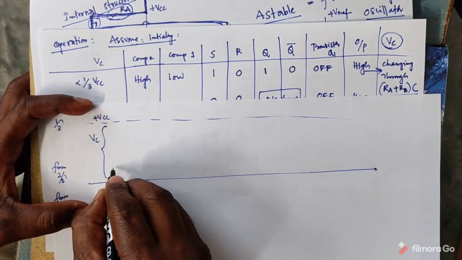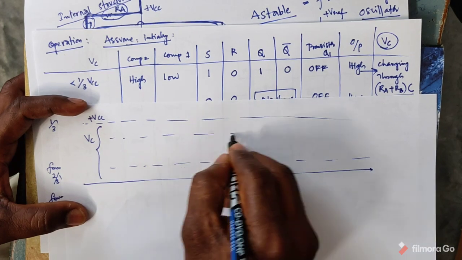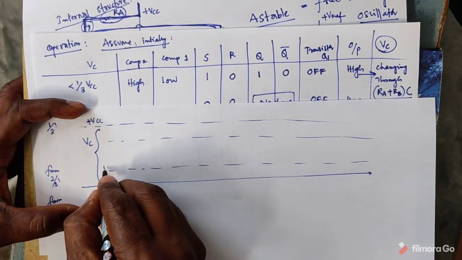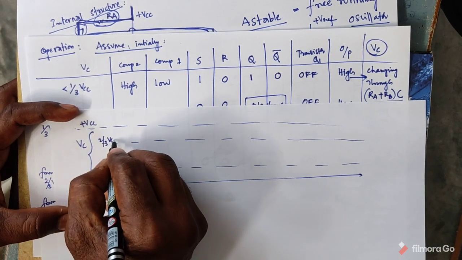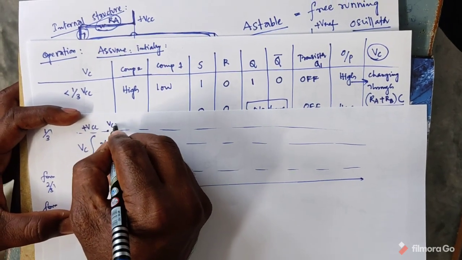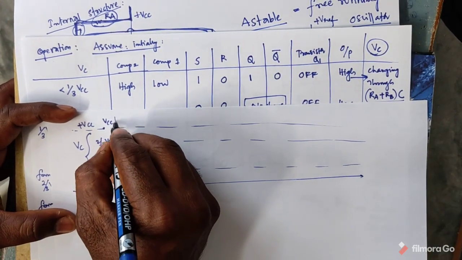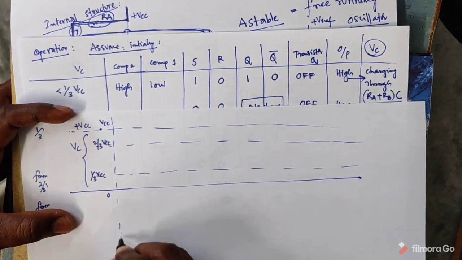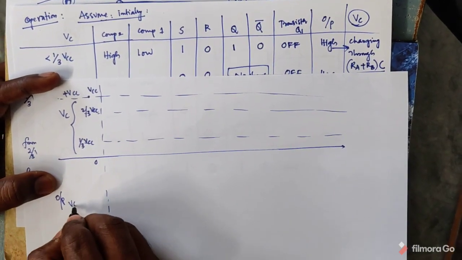We have this line is 1/3 of VCC. This one is 2/3 of VCC. This mark is VCC value. This one is 0. Based on this, you have to get a response of the output voltage.